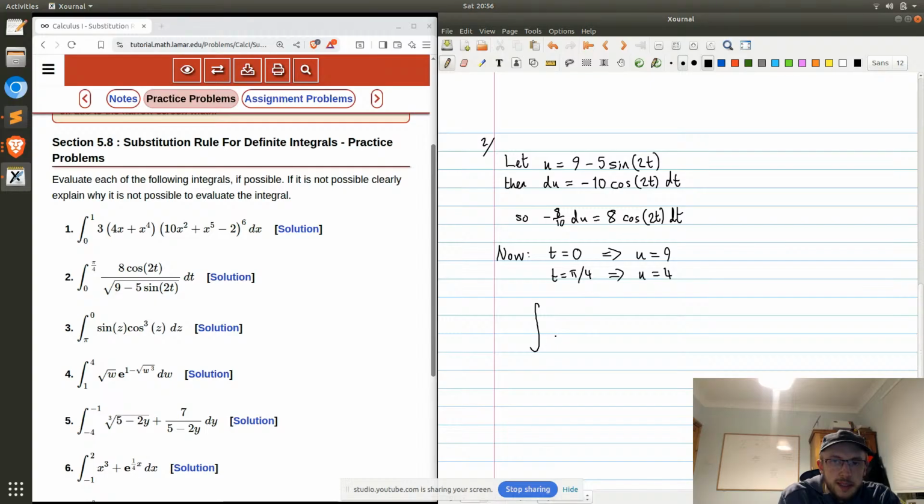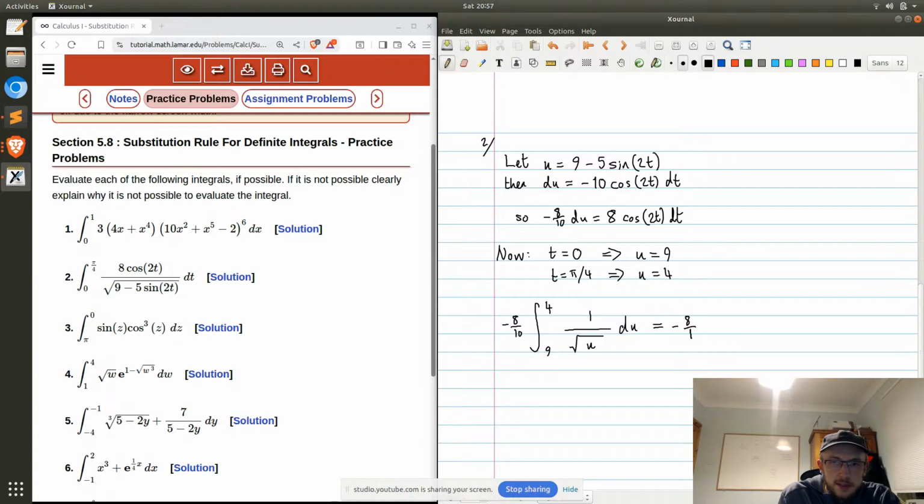Now the integral will be 9 down here at the bottom and 4 up here at the top. And minus 8/10 of du. So put that there and then do the integration.